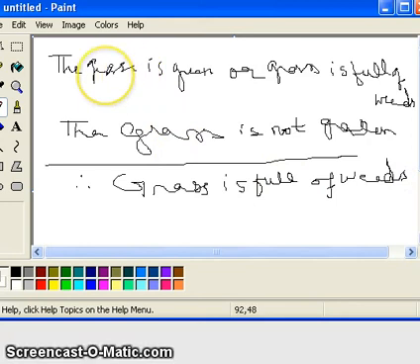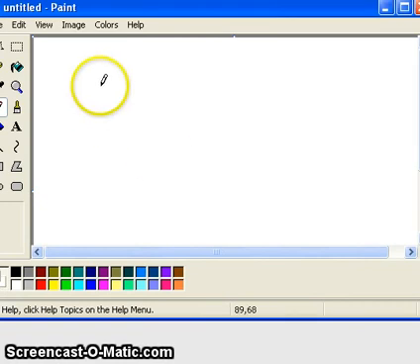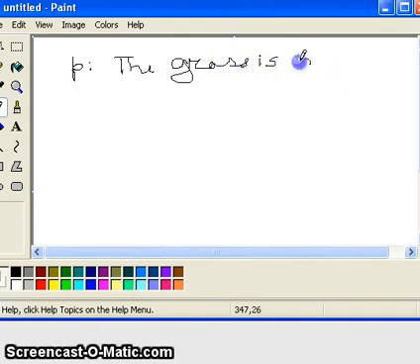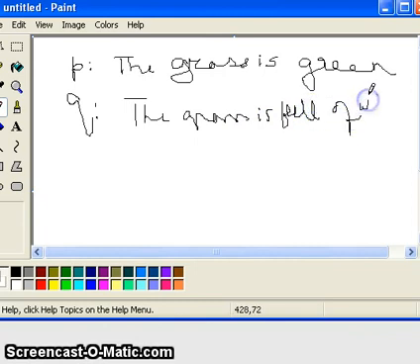So let's write this in symbolic form. You can write P with a colon and say the grass is green. Q says the grass is full of weeds.